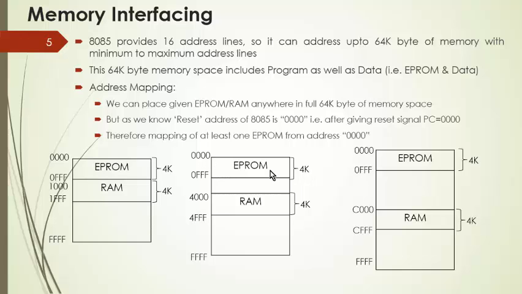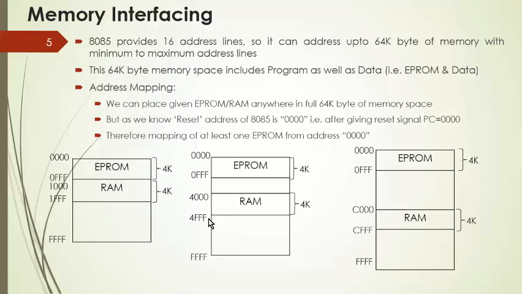In the second figure we can see the 4 kilobyte EEPROM placed starting again from 0000. Always the ROM or EEPROM should be mapped from the starting address 0000 to 0FFF with 4 kilobytes of memory capacity, and here the RAM is placed from address 4000 to 4FFF.